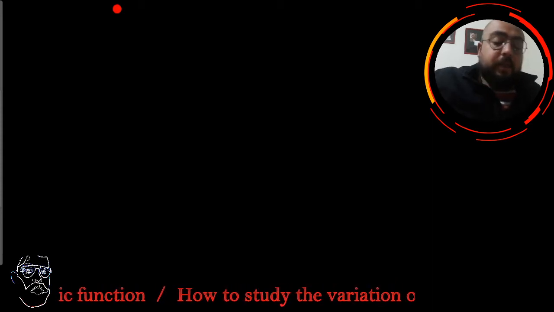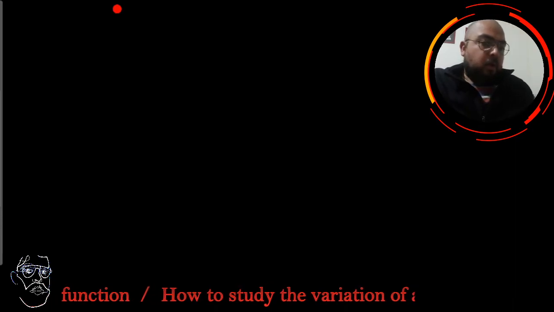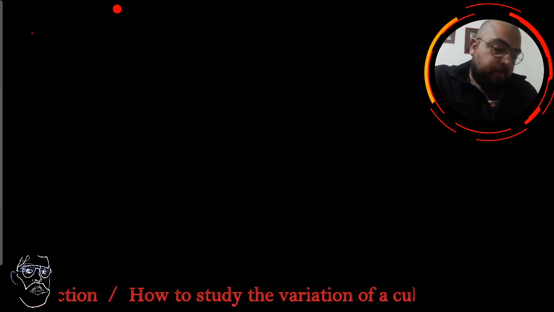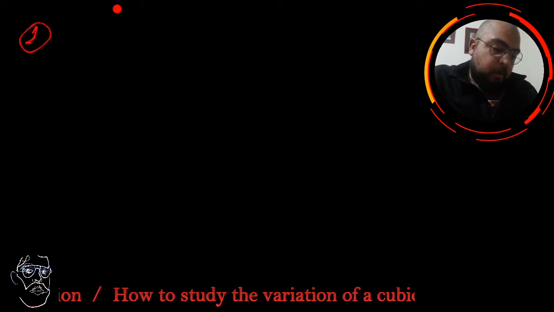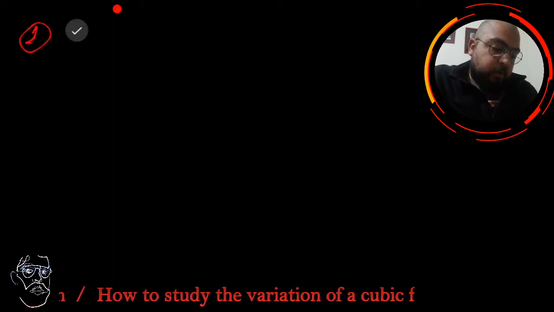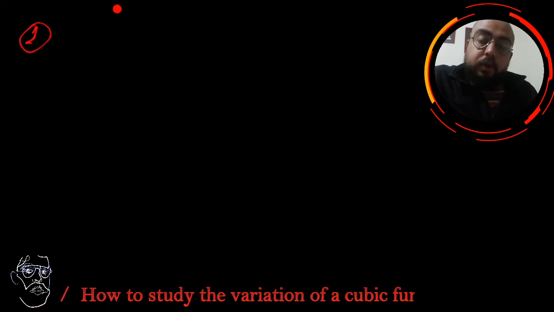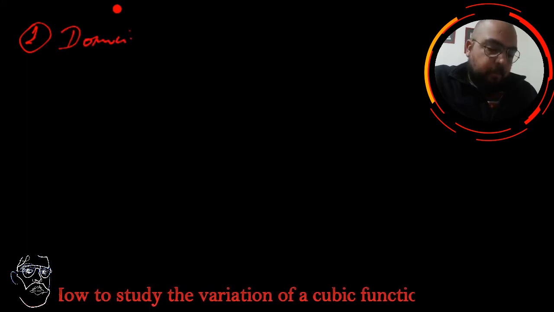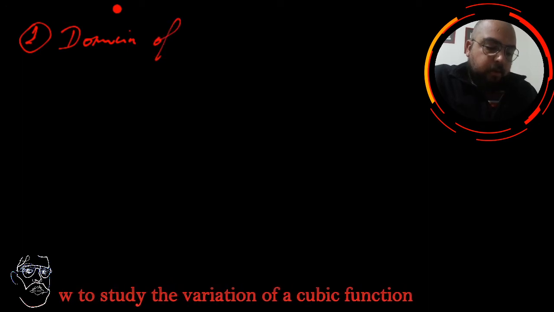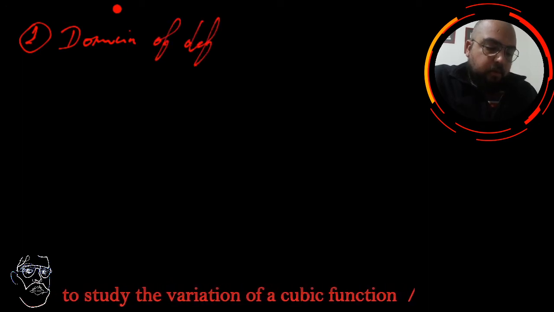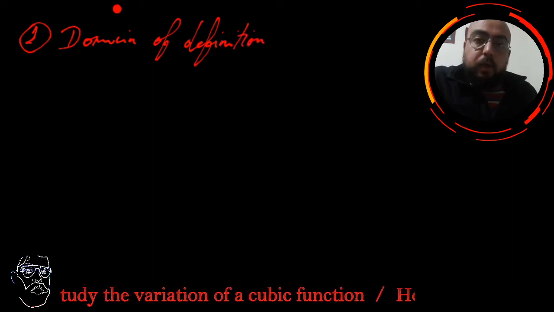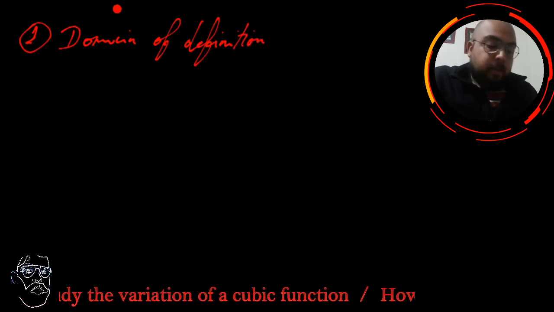So what are the steps? Let's repeat once again. The first one is to talk about the domain of definition. The second one, regarding your domain of definition, you will have to study the limits.